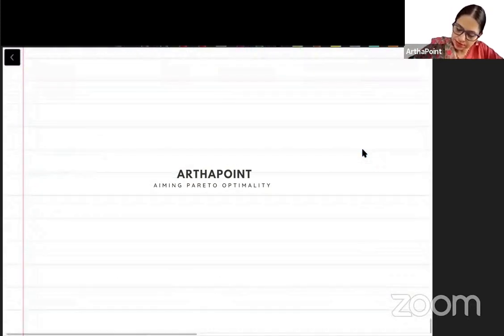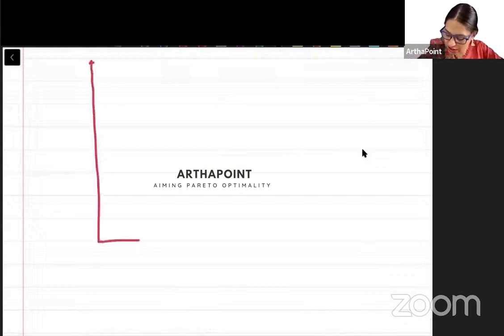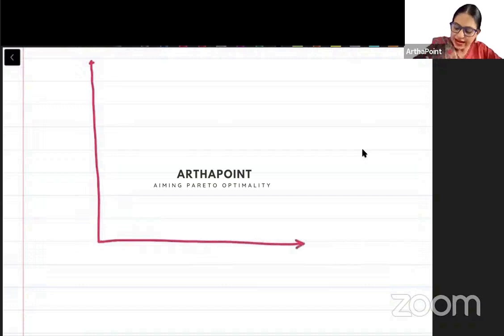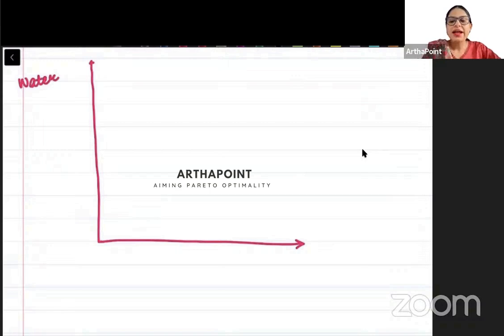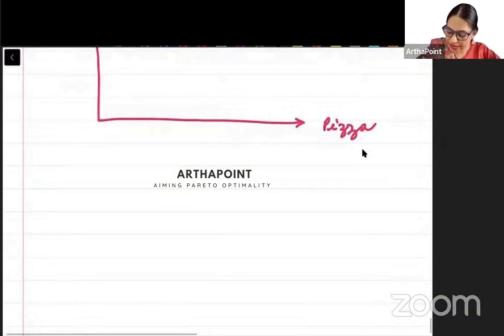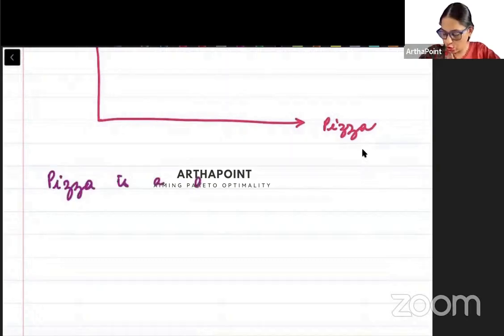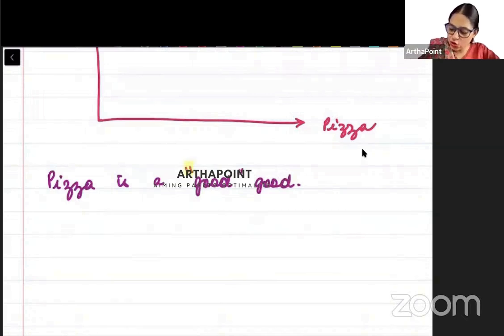तो देखो जरा ध्यान से, how will the indifference curve look, beta? Suppose I tell you that I have taken water here, ठीक है, and I have taken, suppose, pizza here, ठीक है. What I am saying, beta, is that pizza is a good.